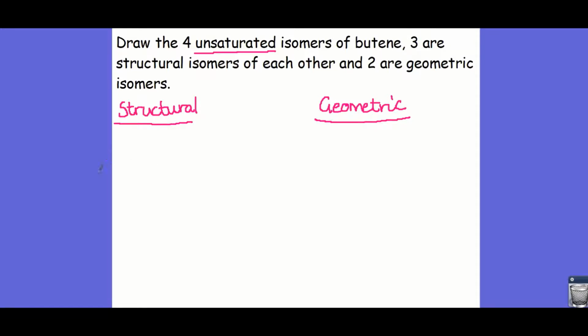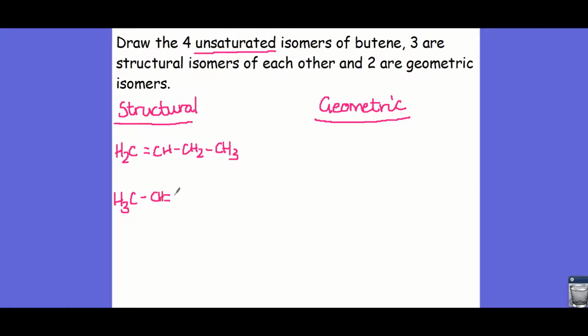Right, so nice and simple. Let's just start with the structural isomers. I'm just going to draw it out like this for the case of structural isomers. We have butene. I suspect you can all do this.